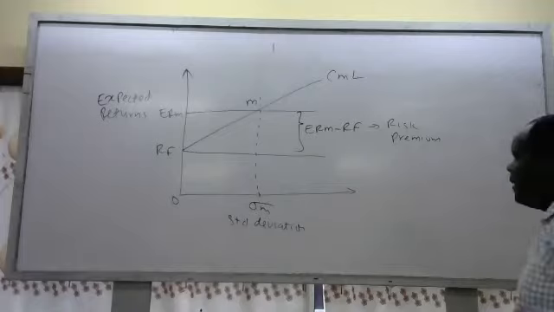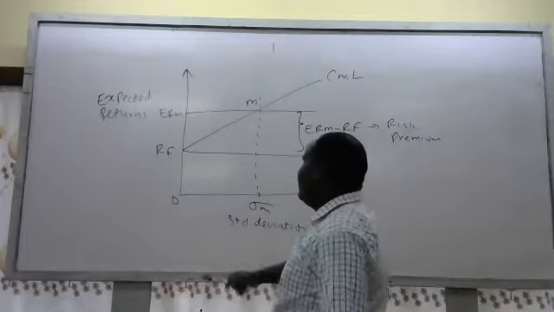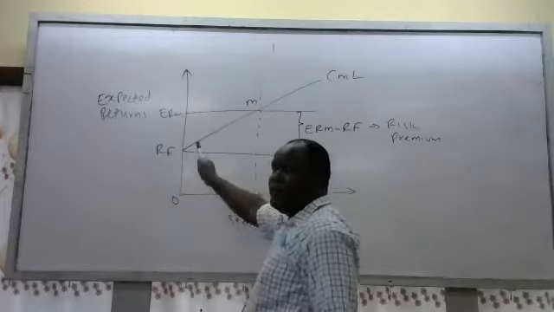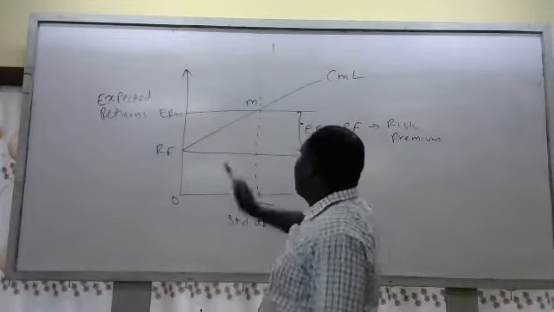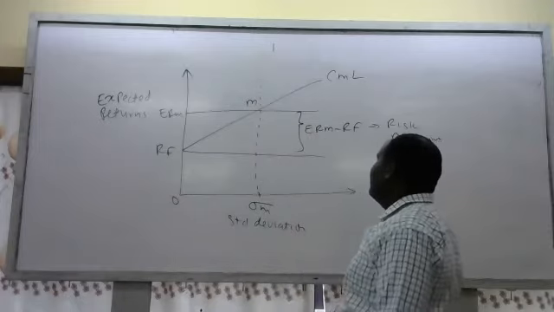So the capital market line normally originates from the risk-free rate, then it will pass through the market portfolio in that particular direction.